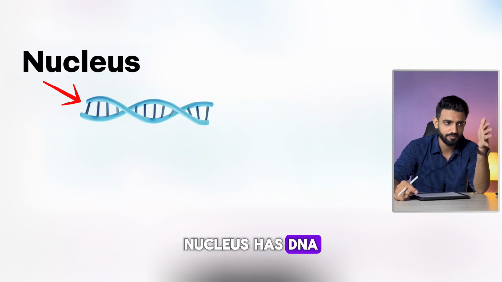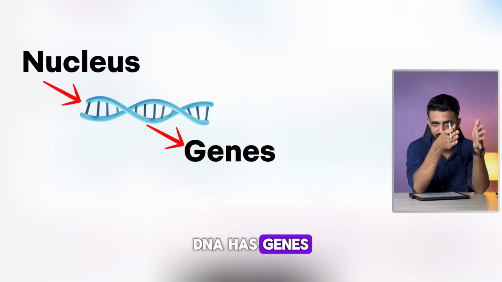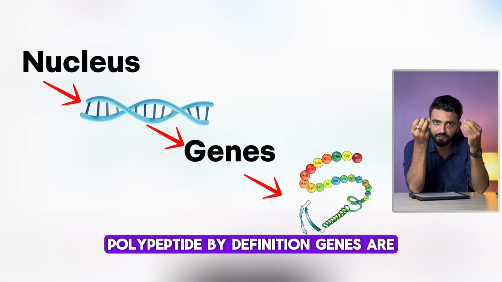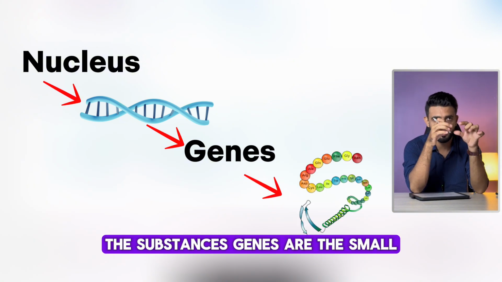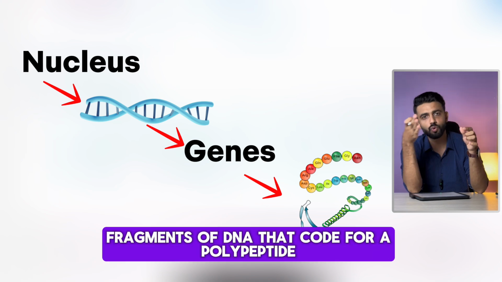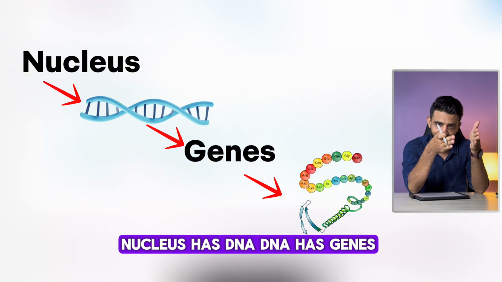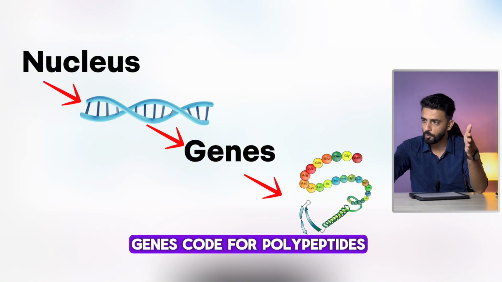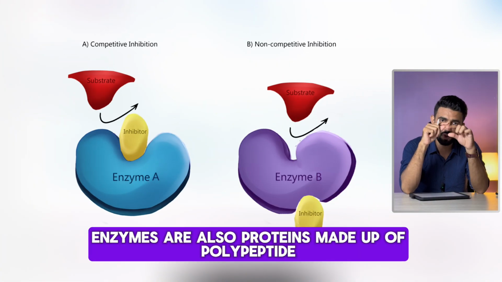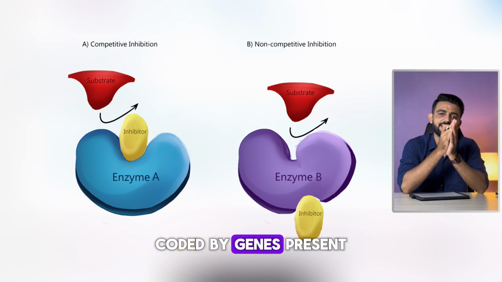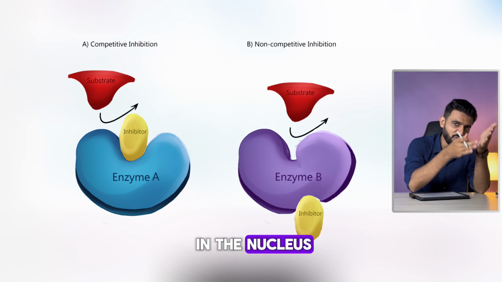The nucleus has DNA. DNA has genes. Genes are going to code for a polypeptide. By definition, genes are the small fragments of DNA that code for a specific polypeptide. Enzymes are also proteins made up of polypeptides, coded by genes present in the nucleus.